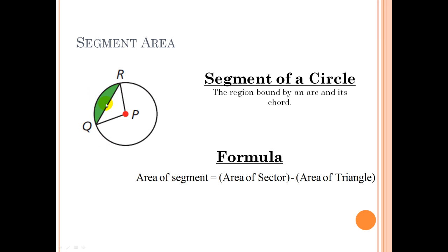It's going to be a multi-step process. Essentially what we're going to do is find the entire sector that arc would form, so the entire sector QPR, that whole area there, and subtract out this triangle QPR. So we take the whole area and subtract the unshaded region. You guys have done this before with shapes, but we're just going to take it a step further.